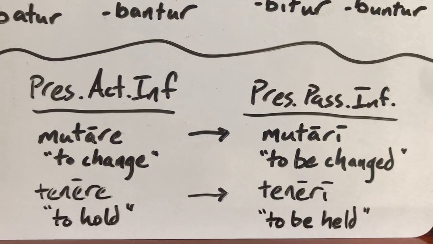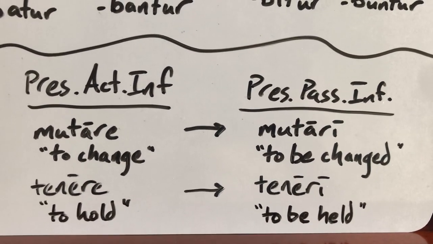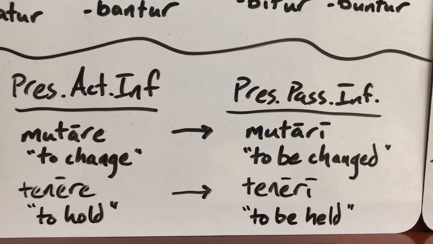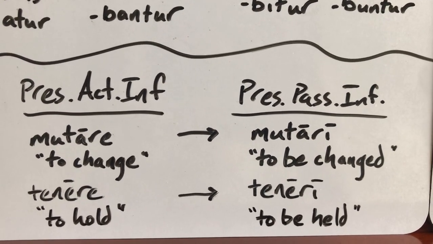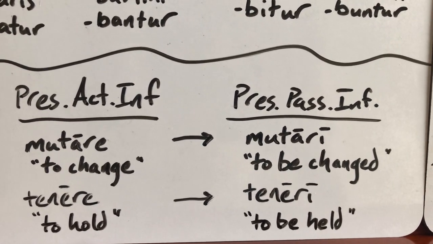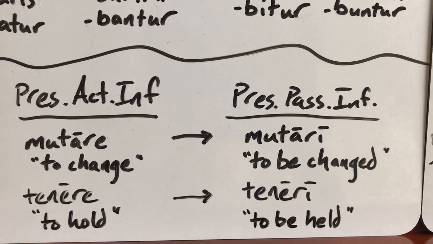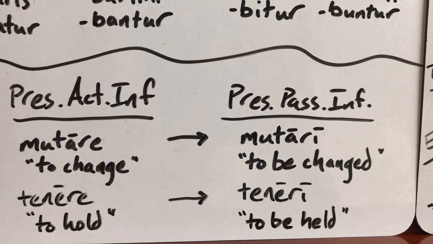Now, in this chapter, we learn how to make those passive. If you look at these two, comparing mutare to the passive over here, you'll notice there's only one letter different. The E in mutare changes to an I, and you get mutari. Likewise, the last E in tenere changes to an I, and you get teneri.